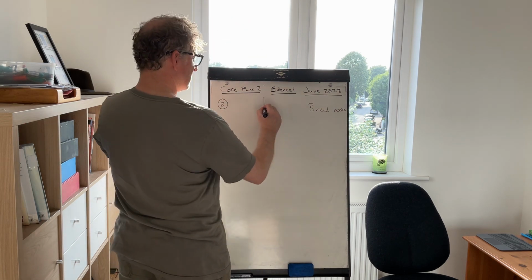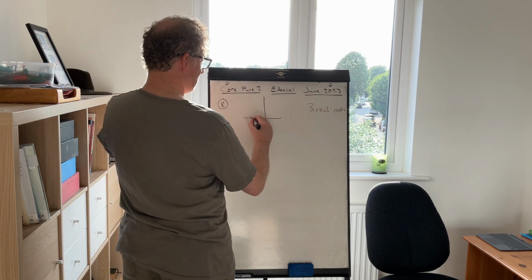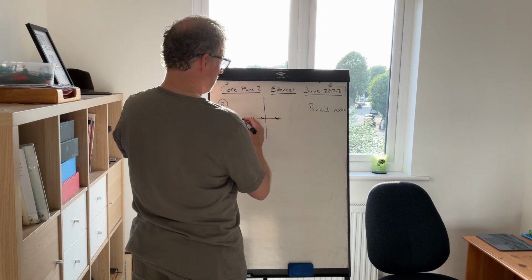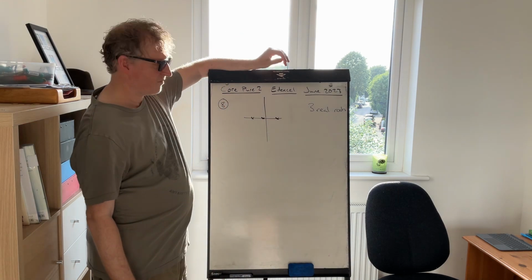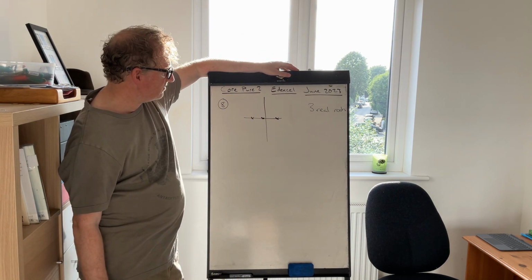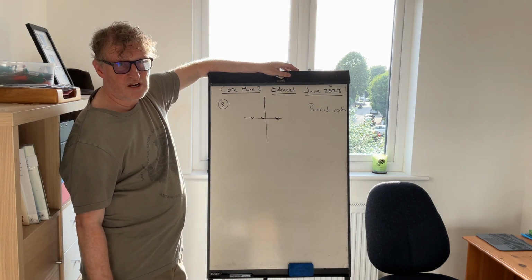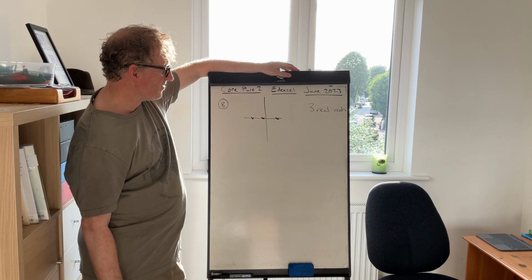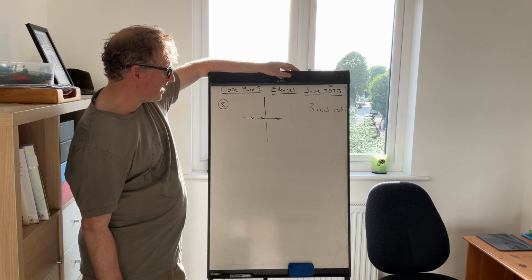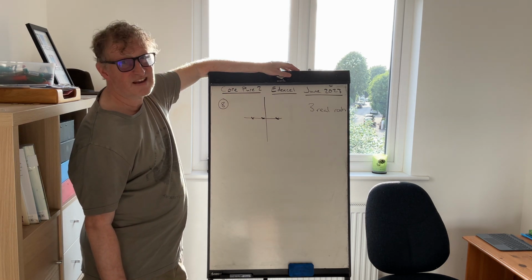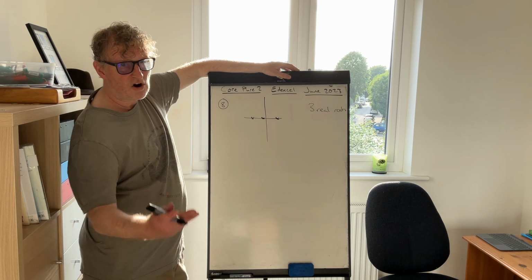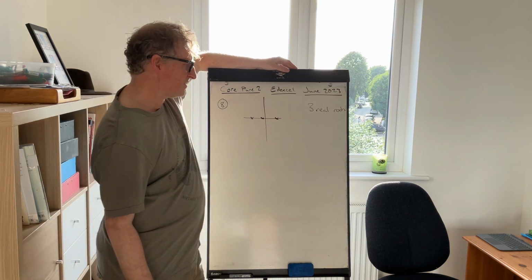Well, 3 real roots on the Argand diagram will all lie, therefore, on the real axis. Okay? So that's one scenario where it's going to work, where we have 3 real roots, and they all sit in a straight line, and that straight line will have to be, obviously, the x-axis.